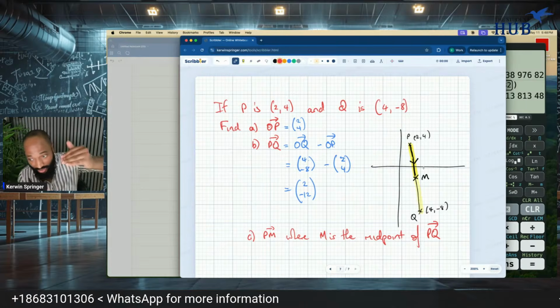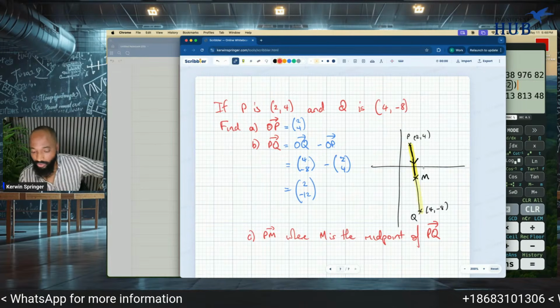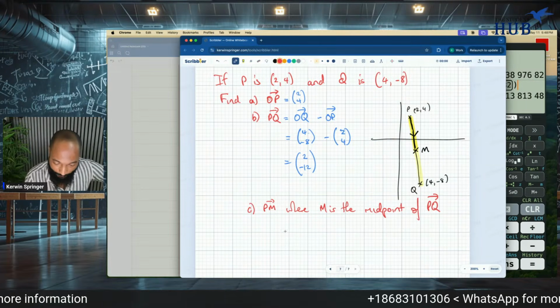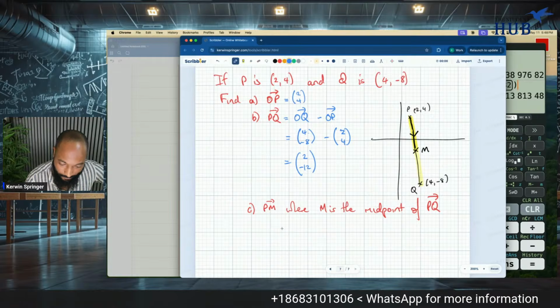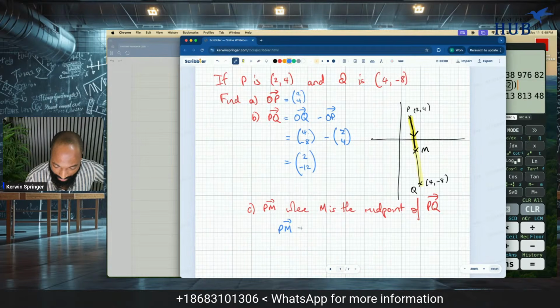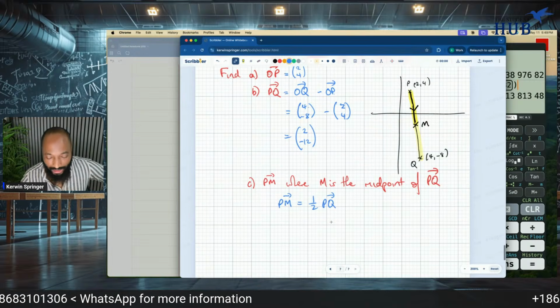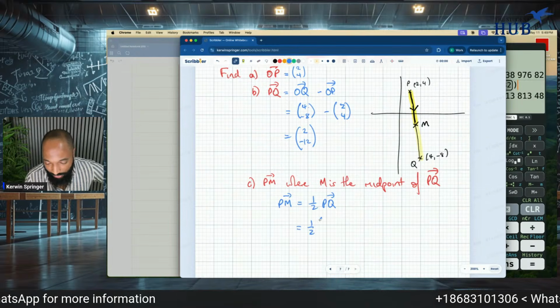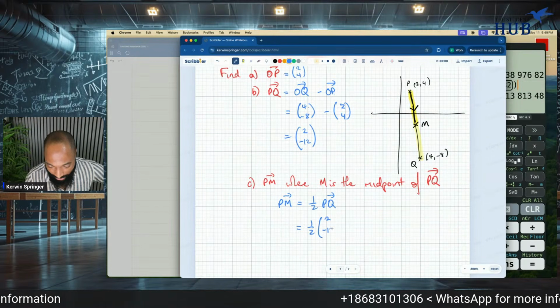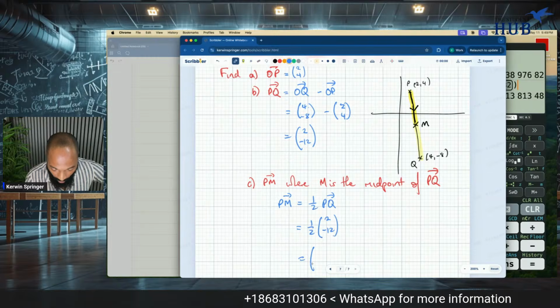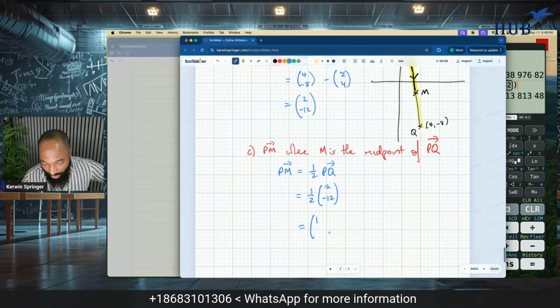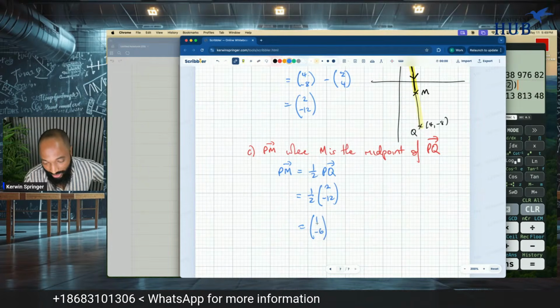PM is literally half of PQ. And in vectors, we get to do things like that very easily. Half of 2, negative 12 means half of 2, which is 1, and half of negative 12, which is negative 6. That's PM.